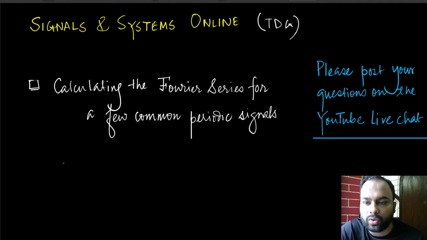If you are unable to do that, then of course you cannot calculate the Fourier series, because the Fourier series involves an integration with the signal itself. So unless you can mathematically describe the signal, you cannot calculate the Fourier series. That's one of the important aspects of this.